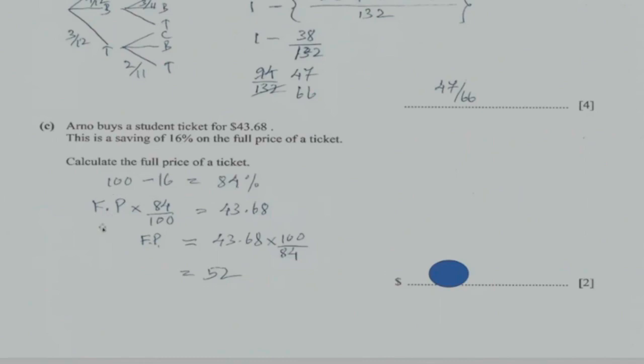Then full price times 84 over 100 equals this value. So the full price we can calculate: 43.68 times 100 over 84 is $52.